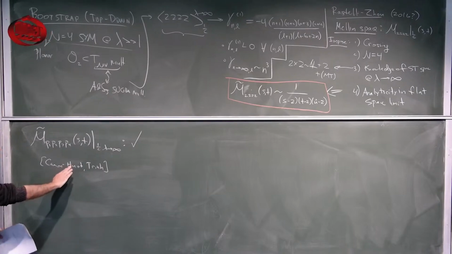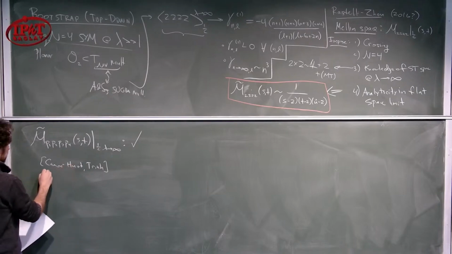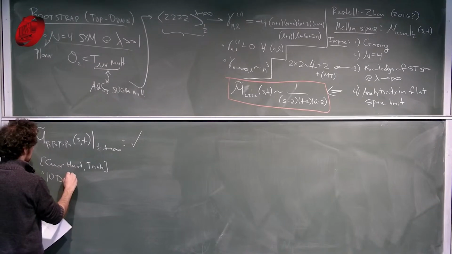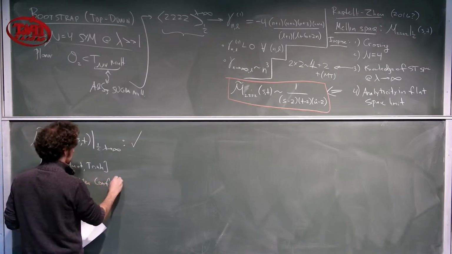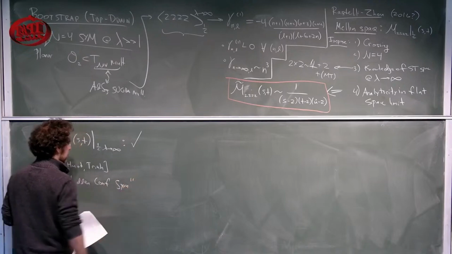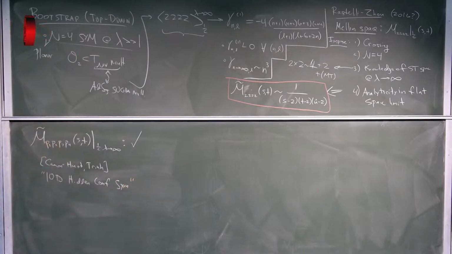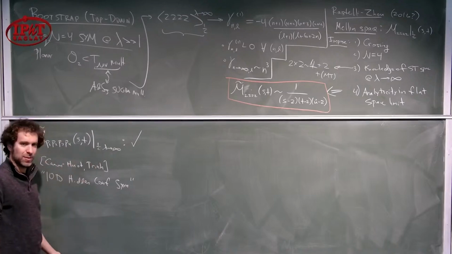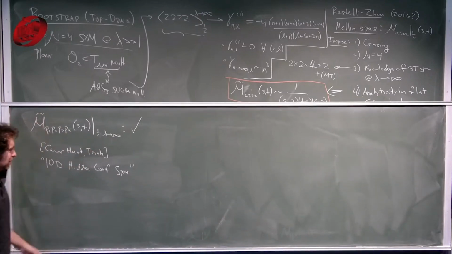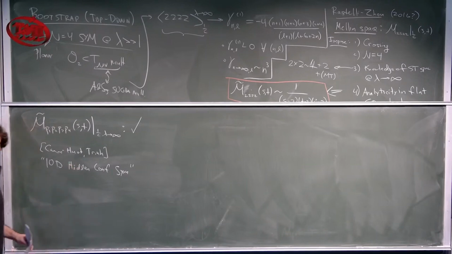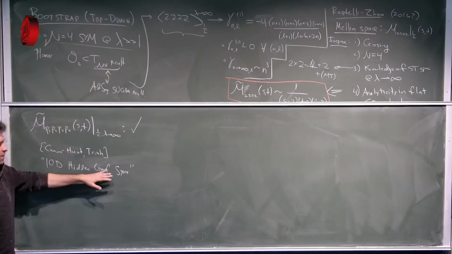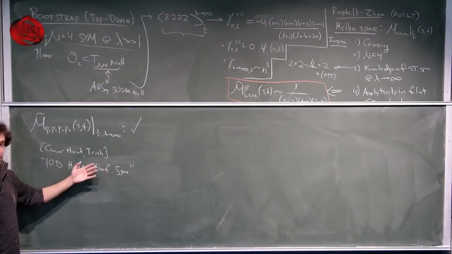One of the things that these authors observed as well is that there's some kind of hidden conformal symmetry that governs these amplitudes that descends from 10 dimensions. This is not understood at any conceptual level still, I would say. But what it amounts to is the following sort of moral statement.